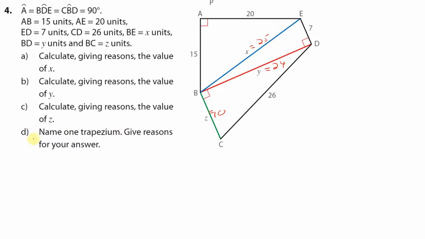Okay, so now we are at number D. We need to name one trapezium and give reasons for our answer. Now, if you look at B, C, D, E, I believe that is a trapezium. Remember, for a trapezium, we need one pair of parallel lines.